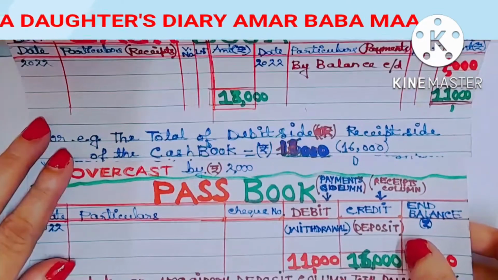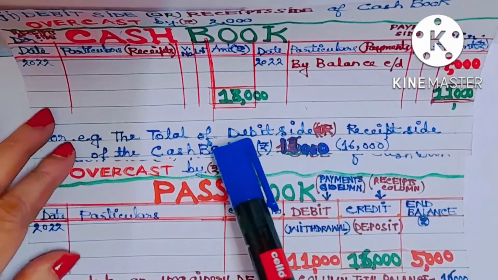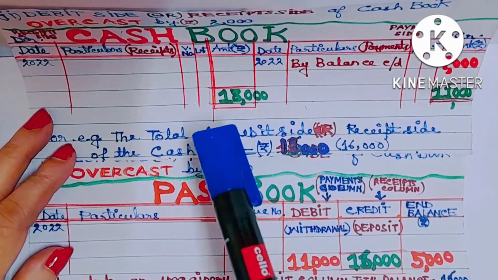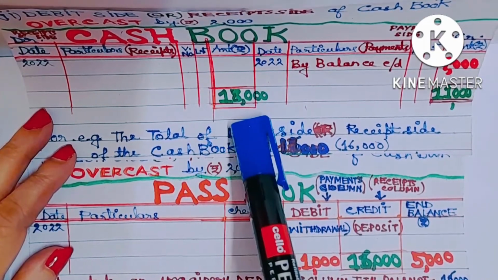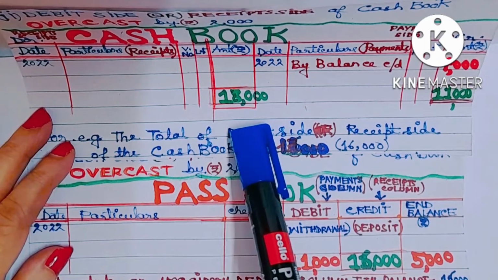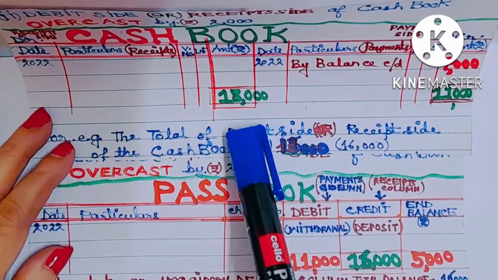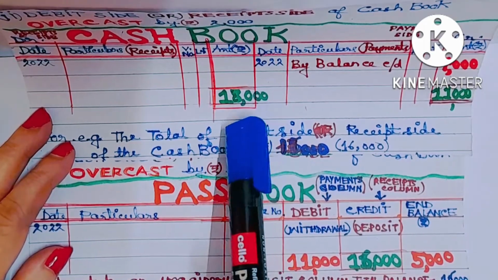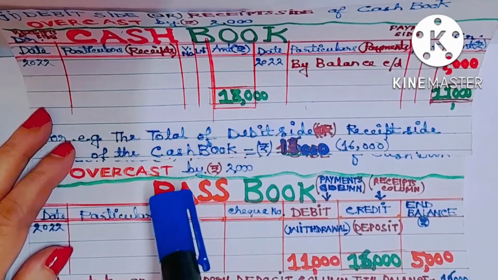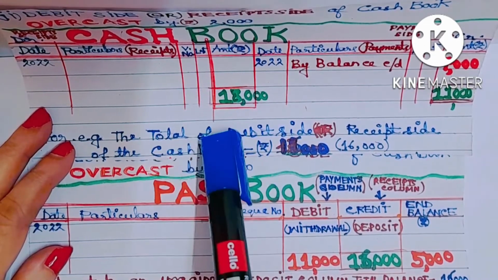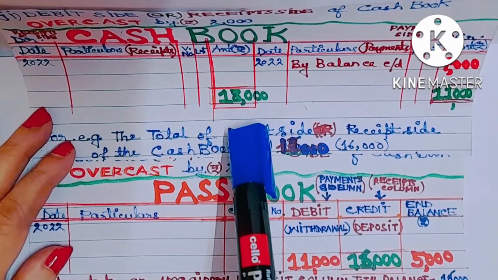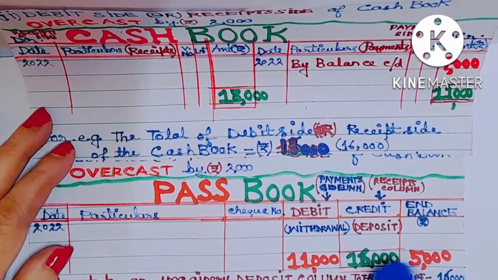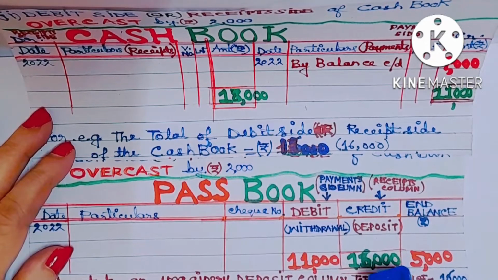So here the total of debit side or receipt side of cash book has been overcast by rupees 2,000. It has been wrongly totaled by the businessman, which is equal to 18,000. That is 16,000 plus 2,000. But the actual total of debit side or receipt side of cash book is 16,000, which is written in the passbook, which is correct.